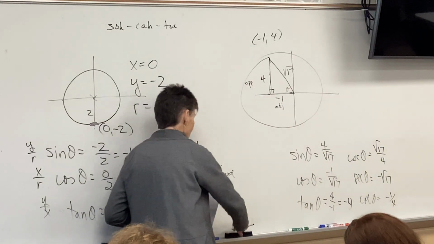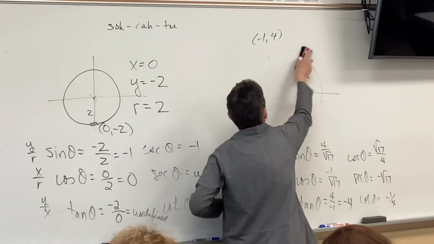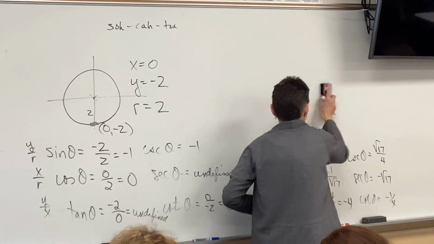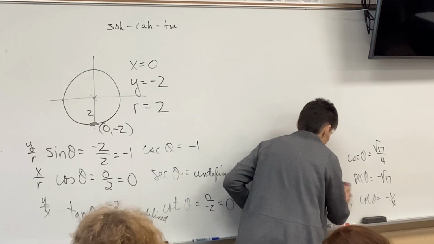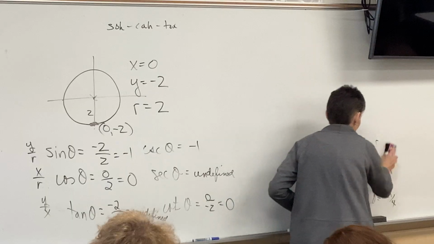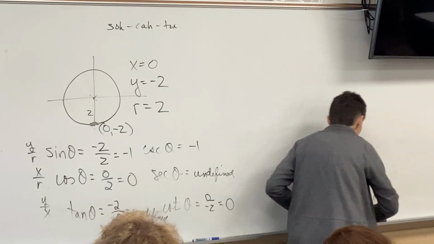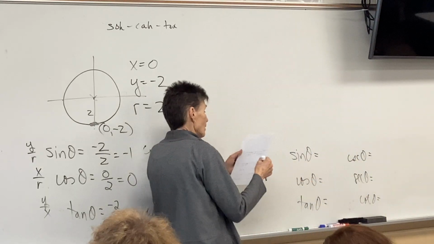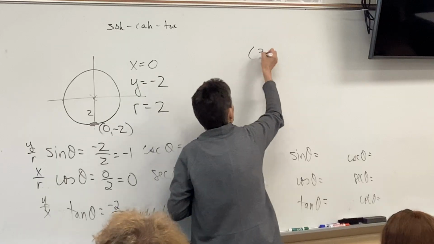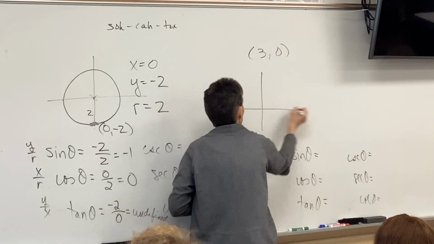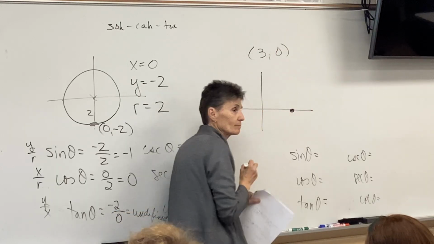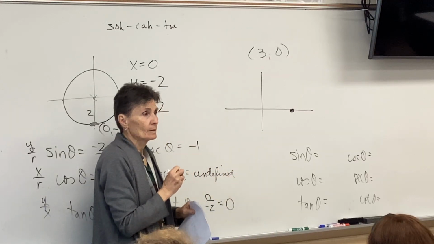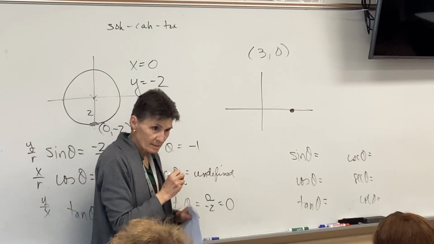Let's look at problem D. Where is the point 3, 0? 3 on the x. Right here? Right. Kids, it's on an axis. What did I tell you?